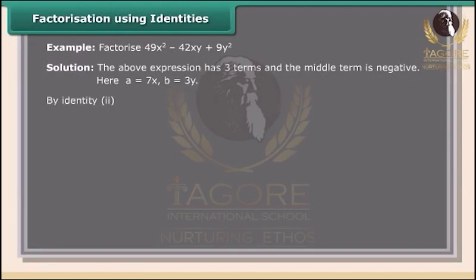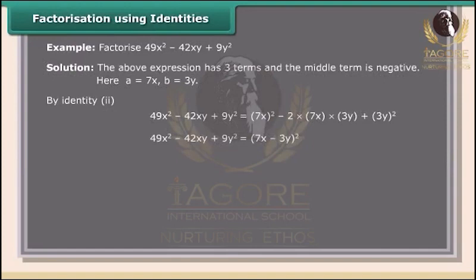By identity 2, 49x square minus 42xy plus 9y square is equal to 7x whole square minus 2 into 7x into 3y plus 3y whole square, which is equal to 7x minus 3y whole square.